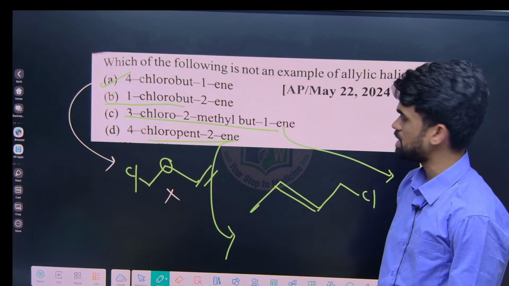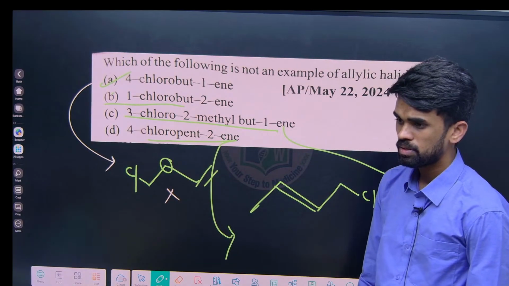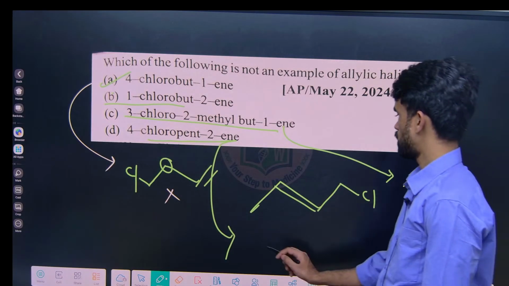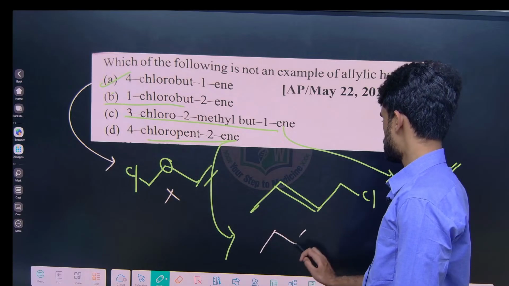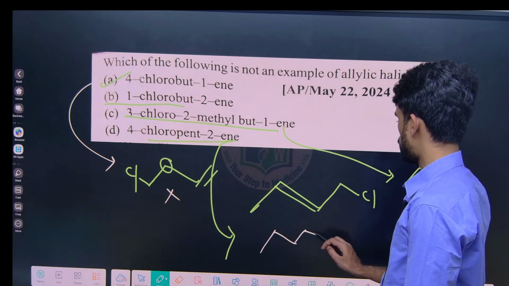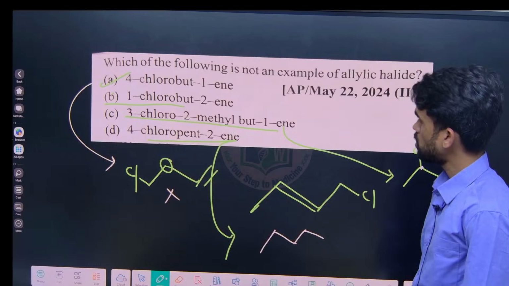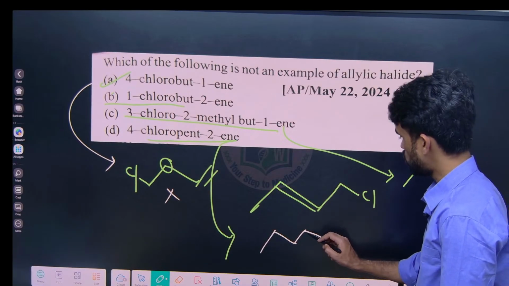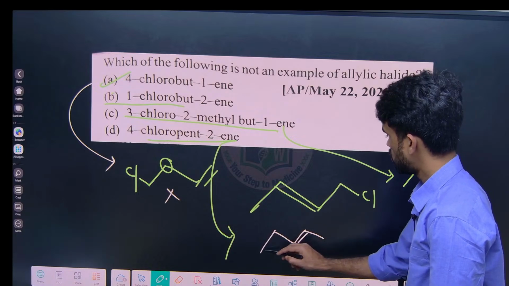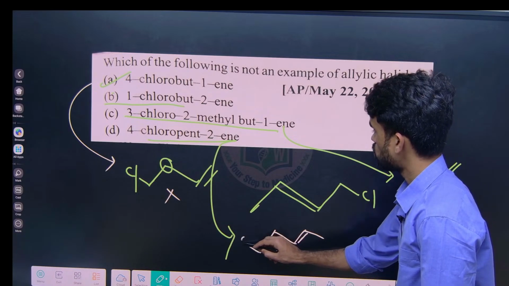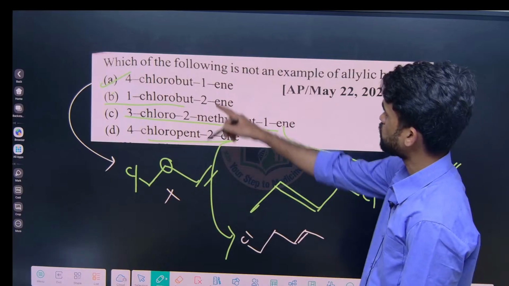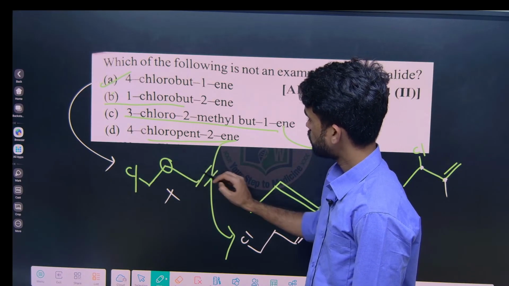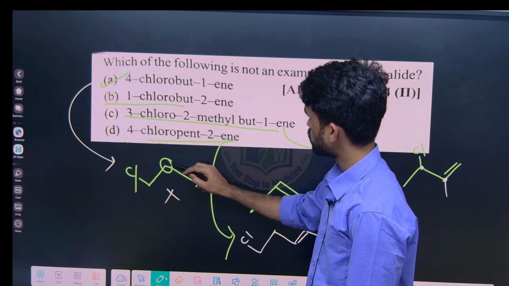Next one, this one. 4-chloro pent-2-ene. Just identify on yourself. Pent: 1, 2, 3, 4, 5. Pent-2-ene, 4-chloro. Okay, like this. And the first one is what? But-1-ene, 1, 2, 3, 4.